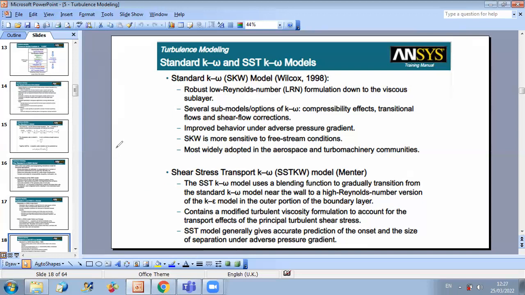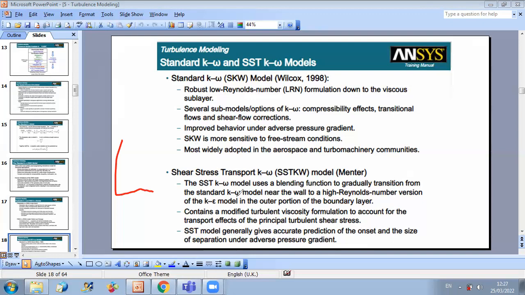So in this case, you will not be able to select one of the options, and you don't want to select only K epsilon or only K omega because you have some transition zones, and you want a model that can predict the transition from low Reynolds numbers to high Reynolds numbers. This is the case of the shear stress transport K omega model.